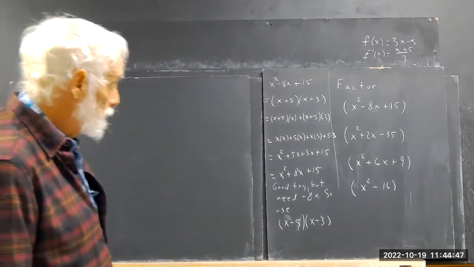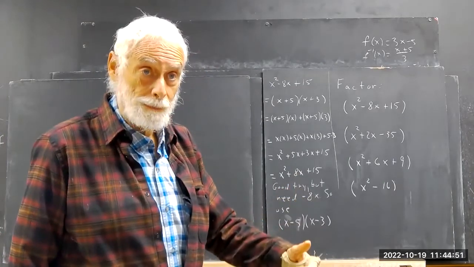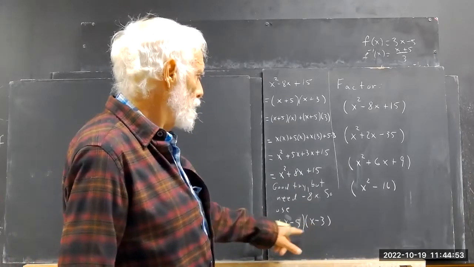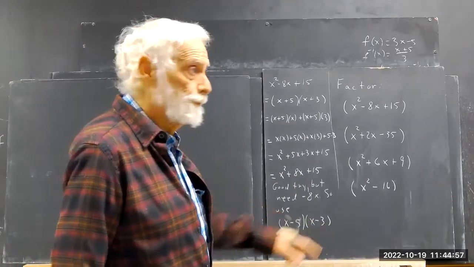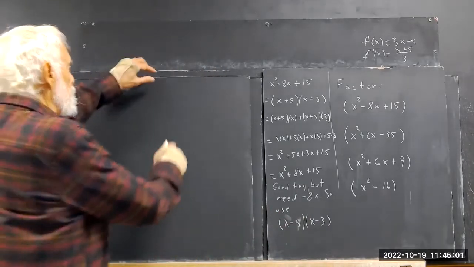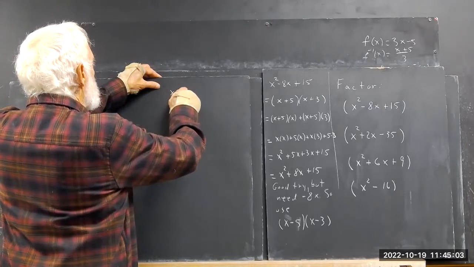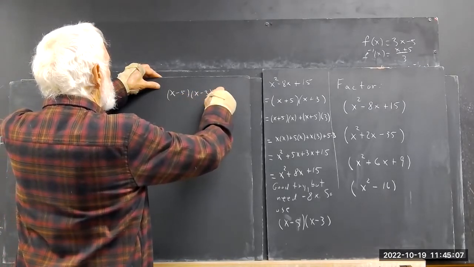And when we do that, you see that we're going to get a negative 5x and a negative 3x. Now, there's a little confusion on how you multiply this out using the distributive law, so let's make sure we understand all the details. You've got x minus 5 times x minus 3.